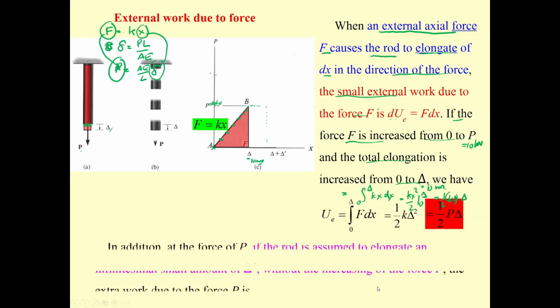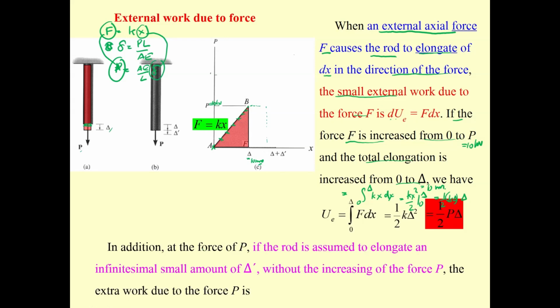So for a given force P, at 10 kilonewton, imagine, not assume, the member elongates an infinitesimally small amount, delta prime, maybe 0.001 millimeter.